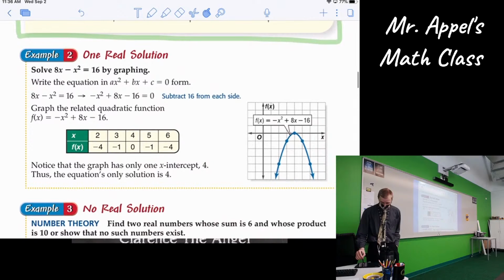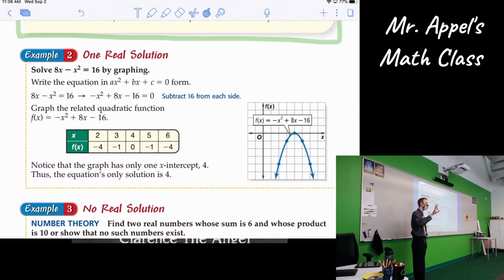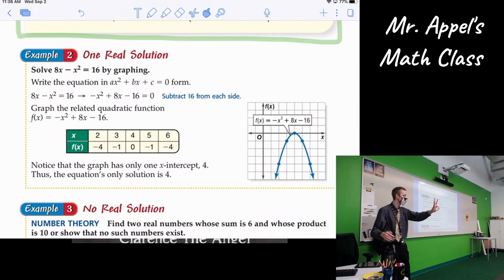Now, notice the book's technique here seems to be, here's the equation, make sure we set it equal to 0, create a table, graph those points. They do more than just the 3. You need 3 to create a sketch. 5 points creates a more accurate parabola.